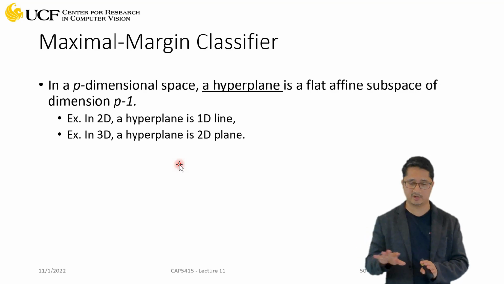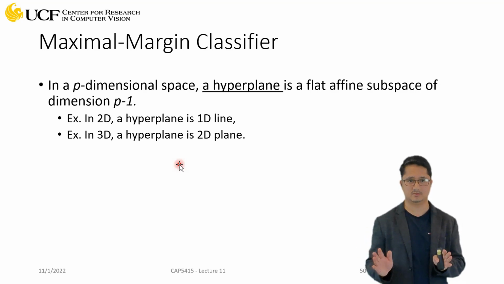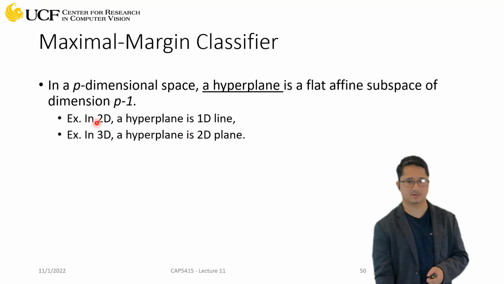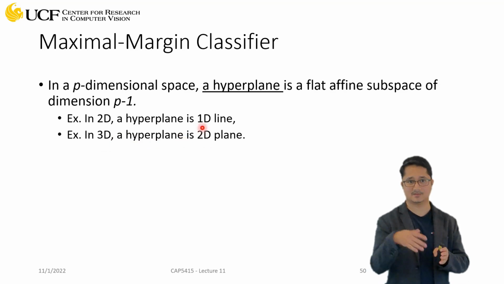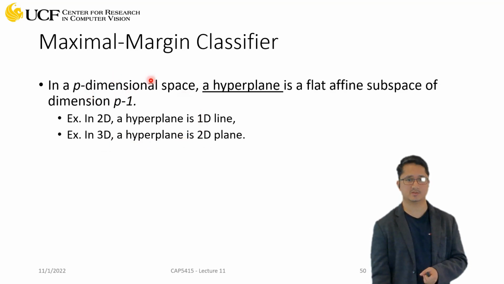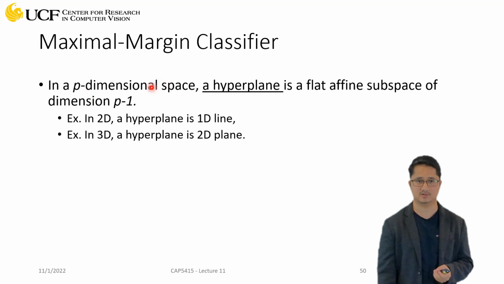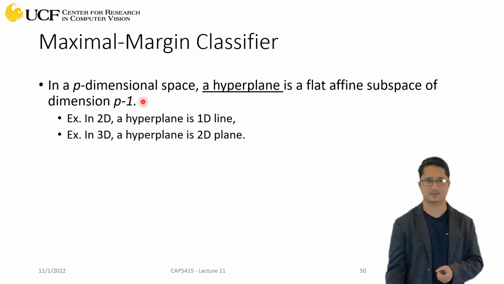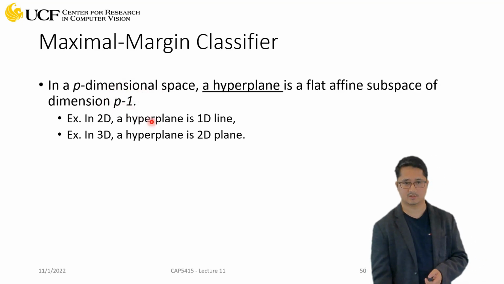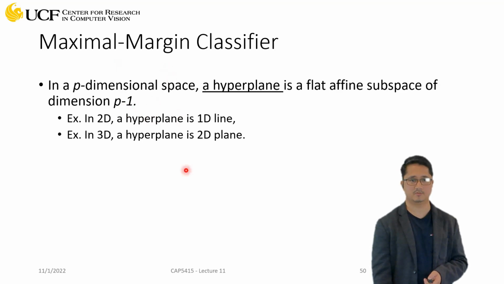If it's a 2D Euclidean space, then you just need a line, and it will be a 1D line. You will need two parameters for that. If it's a three-dimensional space, the hyperplane will be a 2D plane. Similarly, if you have a p-dimensional space, which is usually the case because your features are most of the time in high-dimensional space, you will need a hyperplane which will have dimensionality p-1. And that's all we need to learn to get this maximum margin classifier.